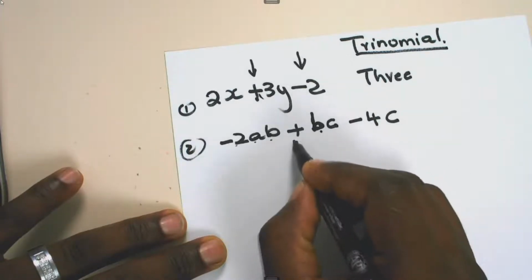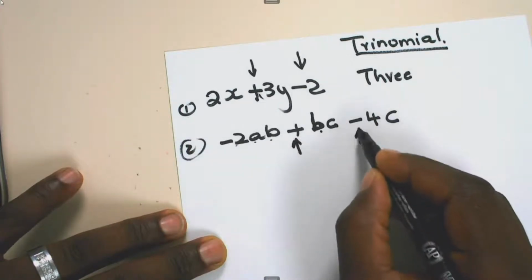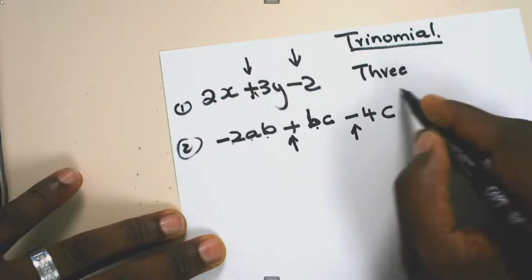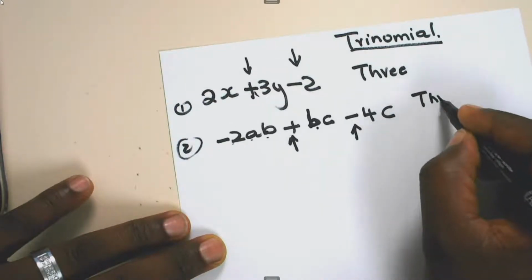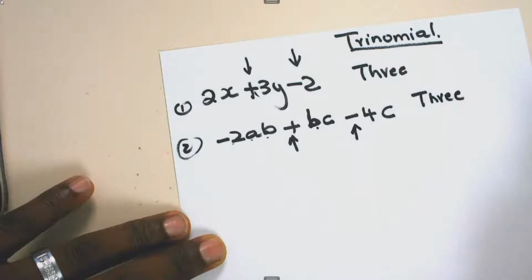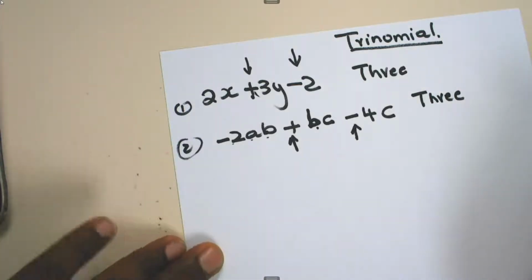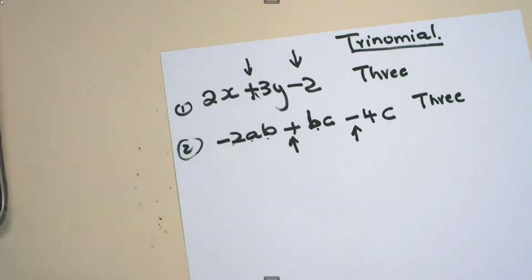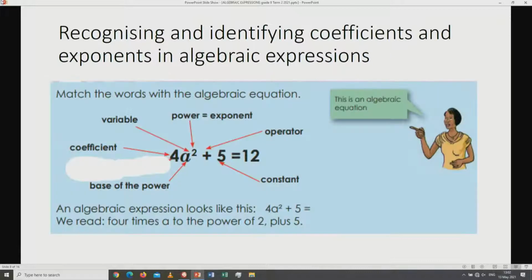We have two operations that are separating the terms, so therefore we have 3 terms. If it is 3 terms, we call it a trinomial. All right, very interesting name. Fine. Now let's go to the other one.